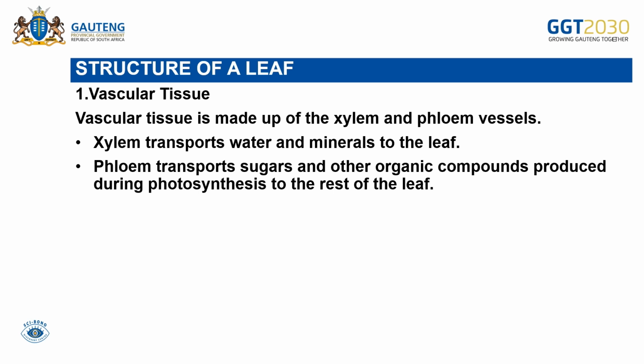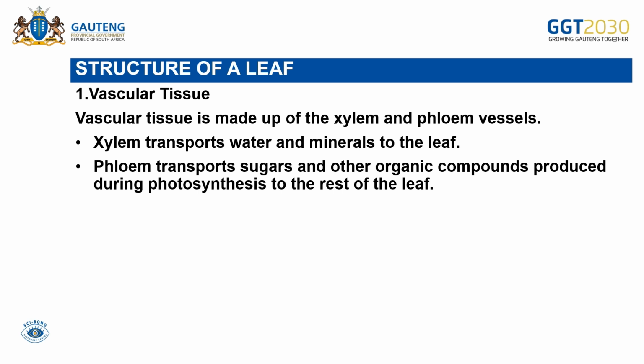We have the vascular tissue. Remember, when I was showing the structure of the leaf, I said that the veins, what do we find inside the veins? We find the vascular tissues. And those vascular tissues are known as the xylem and what? And the phloem vessels.